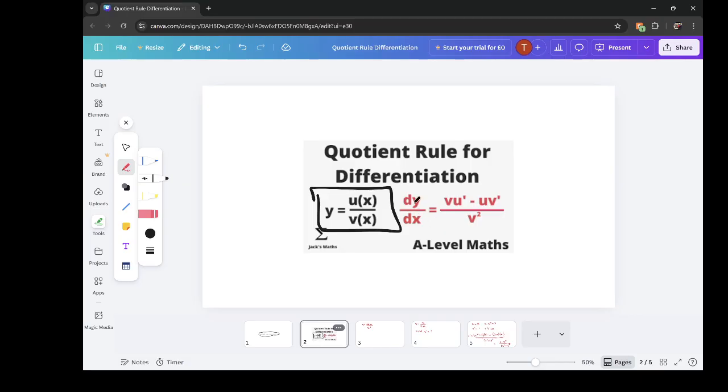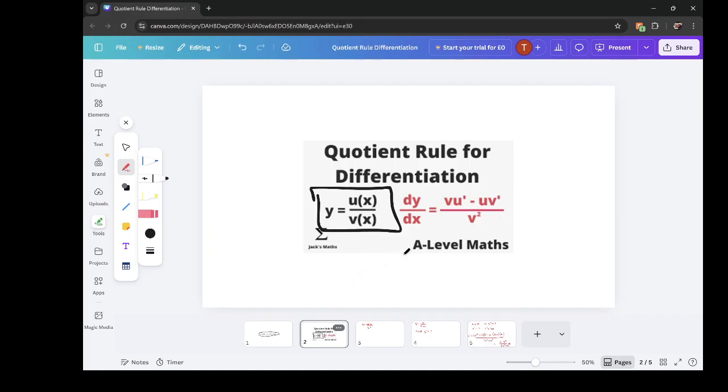The quotient rule states that dy/dx, so y prime, is v times u prime, so the function u differentiated, minus u, the original u, times v prime, all over v squared. So write the same thing, but you just square it. Very simple, very nice and easy.